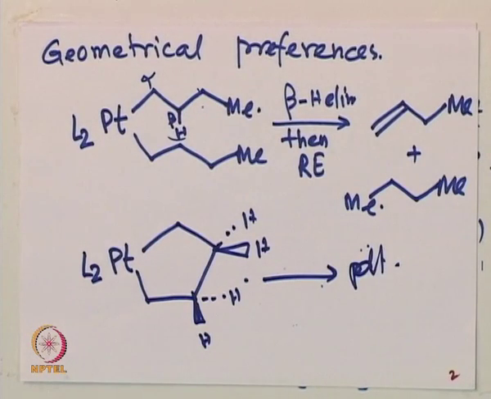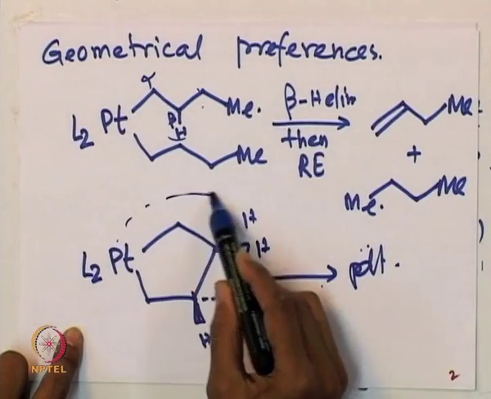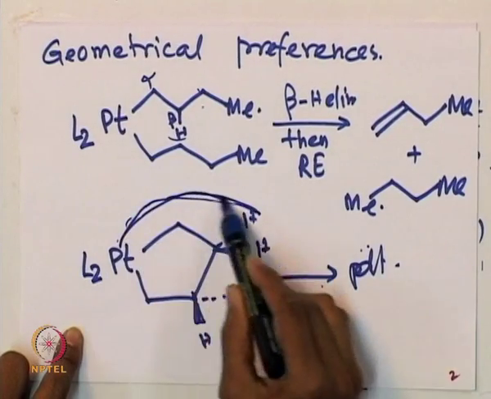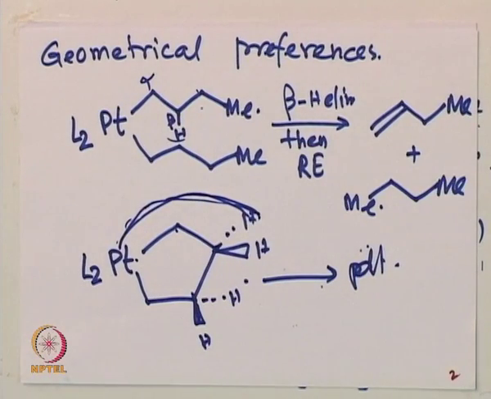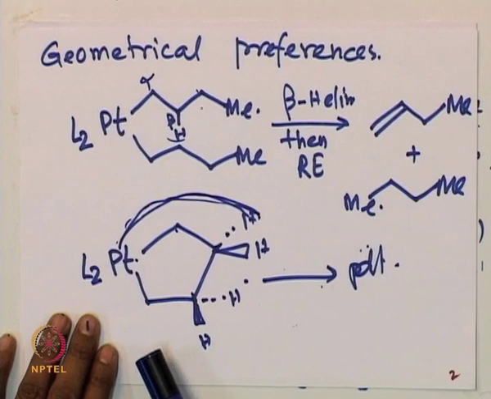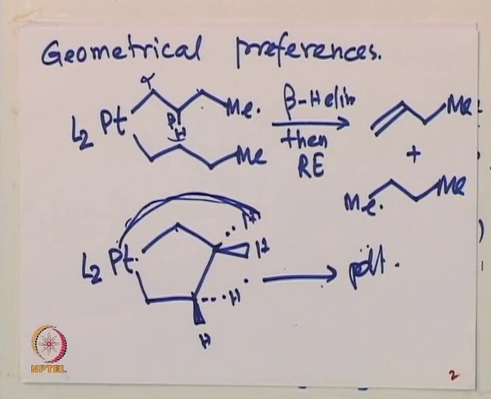Now in these two cases, in one you have an open chain starting material, a dialkyl or di-n-butyl starting material, and in the other case you have the cyclic intermediate, the 4-membered intermediate, 1, 2, 3, 4. Actually, in this case it is strained for beta hydride elimination, right.